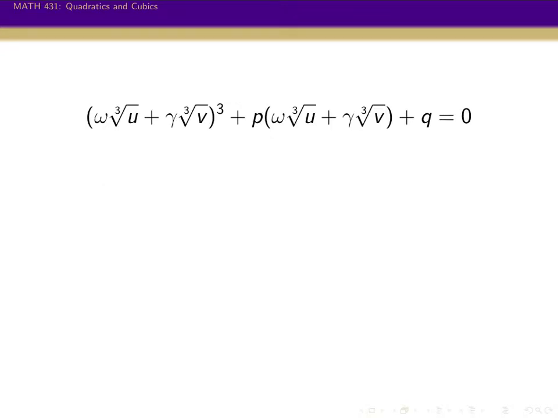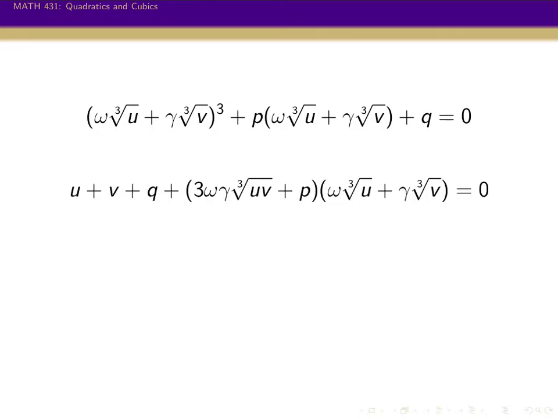If we go back to where we started, plug these in for x, and do the same things that we did before, we can rearrange it like this. You notice that we have u plus v plus q staying the same. We still get back the same x over here, but now the term that's getting multiplied by x is changing some. If we recall, what we did here is that we forced that part to be 0, and we forced that part to be 0.